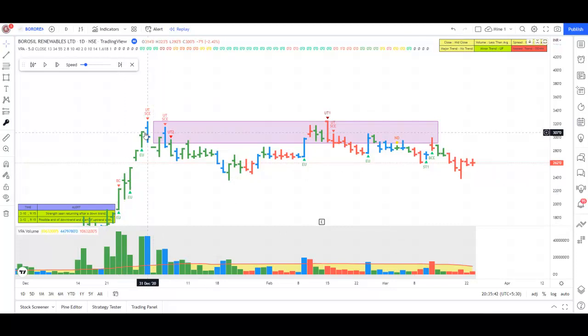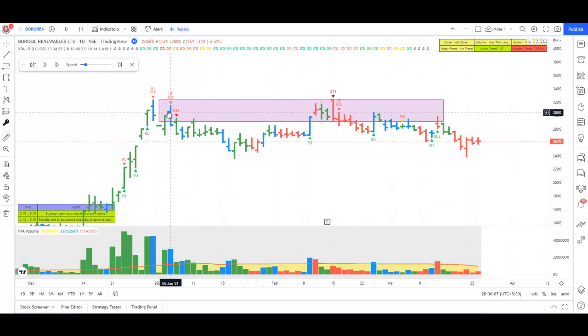Because of the background strength, the upthrust bars could not create the bearishness. Instead, they capped the higher movement of the prices. It could never move beyond the high of the first upthrust bar, and the movement has been sideways.